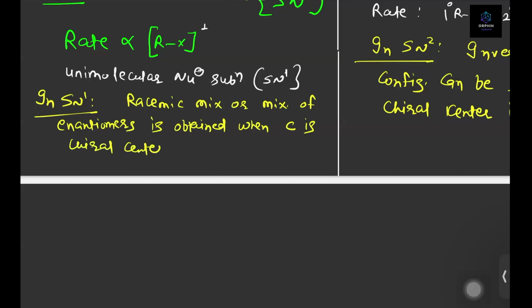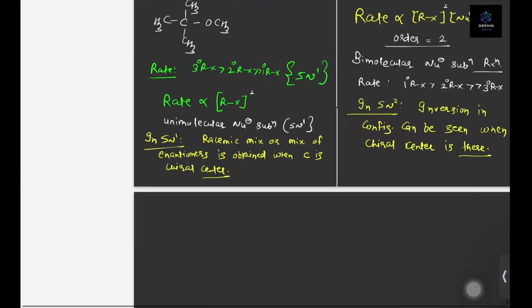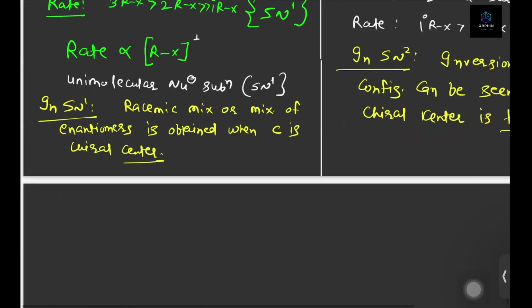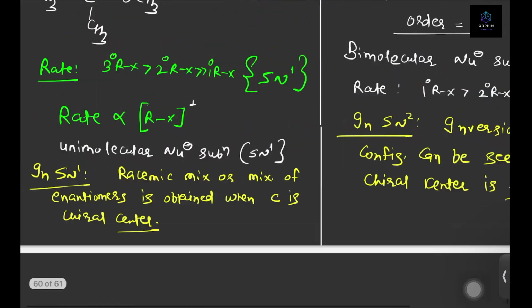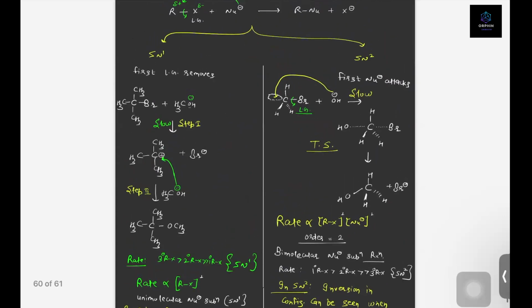And which carbon is this? The carbon having the leaving group, the carbon on which the reaction is happening. If that is a chiral center, then we will get a racemic mixture.